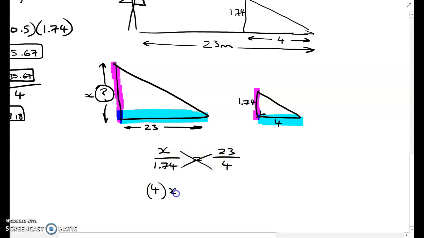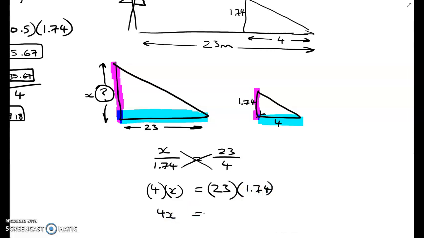So 4 by x is equal to 23 by 1.74. So 4x is equal to, let's get the calculator again, 23 multiplied by 1.74 is 40.02.